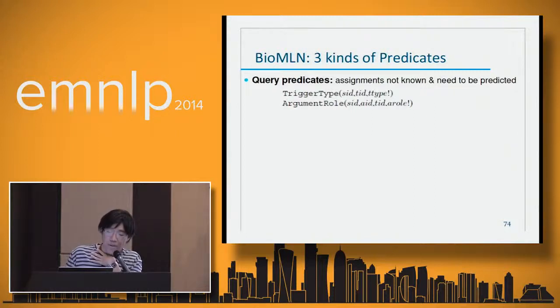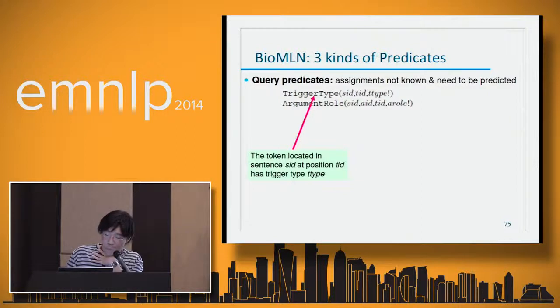Query predicates are those whose assignments are not known and therefore need to be predicted during inference. And we have 2 kinds of query predicates. Trigger type encodes whether the token located in sentence SID at position TID has trigger type T-type.